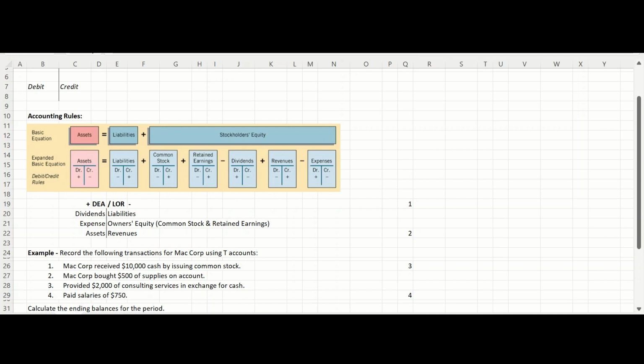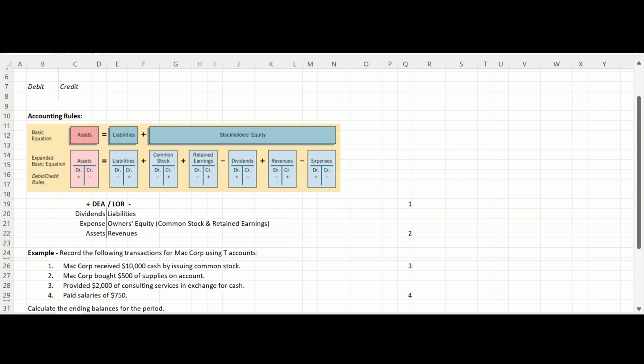And the LER is increased by credits. So the D stands for dividends, the E stands for expenses, and the A stands for assets. Dividends, expenses, and assets are all increased with debits. And then on the right side, we have liabilities, owner's equity, which consists of both common stock and retained earnings, and revenues, which are all increased with credits.